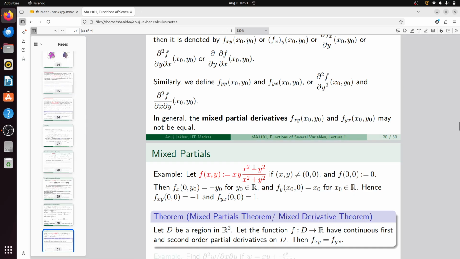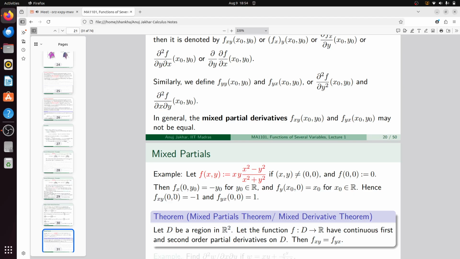For example, let f(x, y) equal xy times (x square minus y square) by (x square plus y square). You can show by considering polar coordinates that this function is actually continuous for (x, y) not equal to (0, 0), with f(0, 0) equal to 0. You can get this by taking multiple derivatives. First take f_x, calculate f_y, then take f_xy and then calculate f_yx.